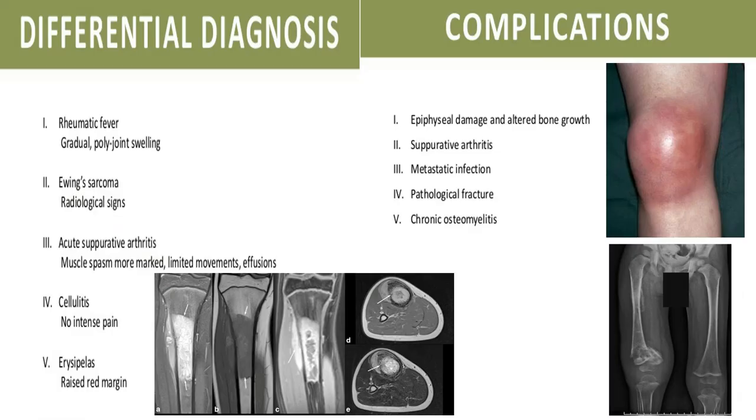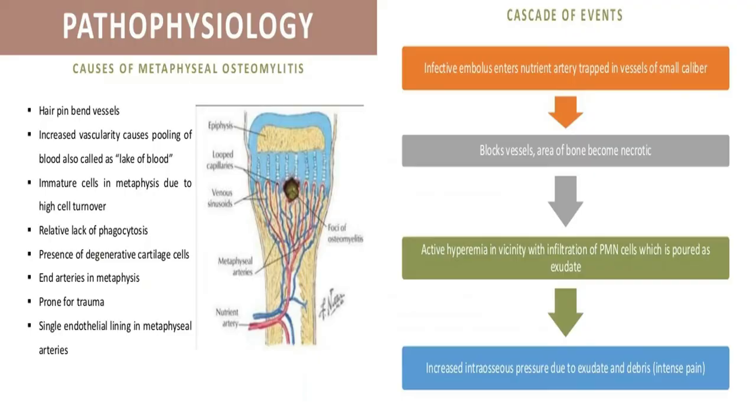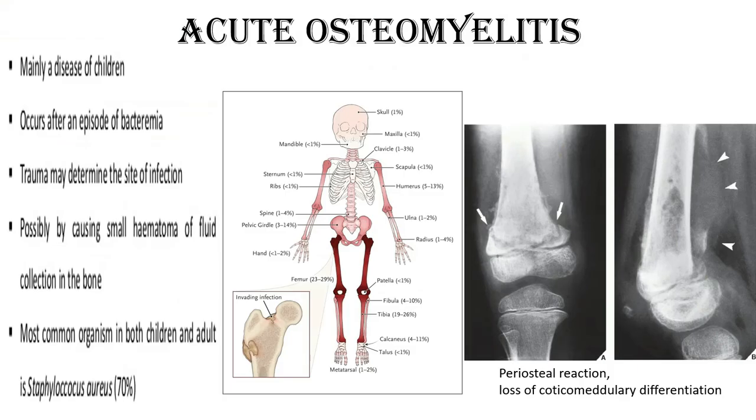We should not remove the drain early because it can cause reaccumulation of the exudate, and it can cause this type of problem again, especially in septic arthritis and acute osteomyelitis. Okay, I think I have covered in detail the management and diagnosis of acute osteomyelitis.